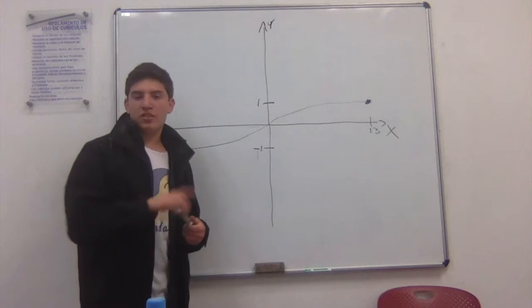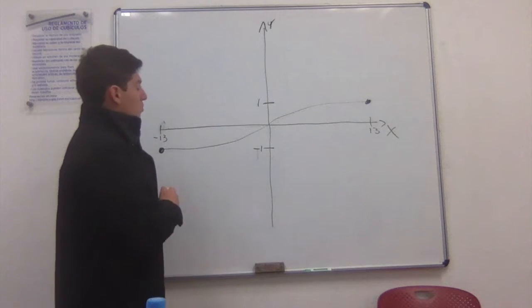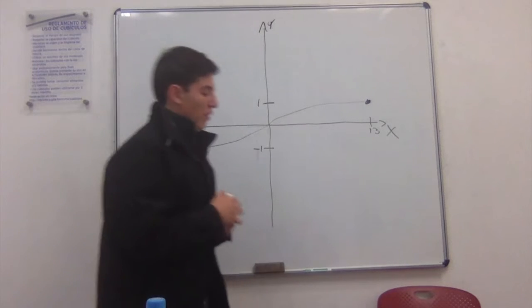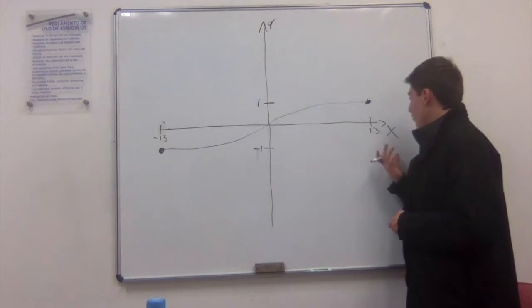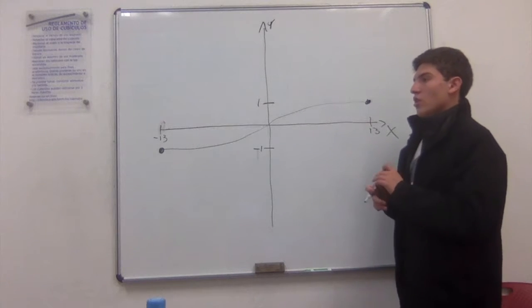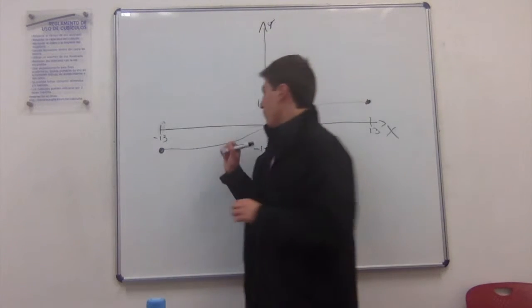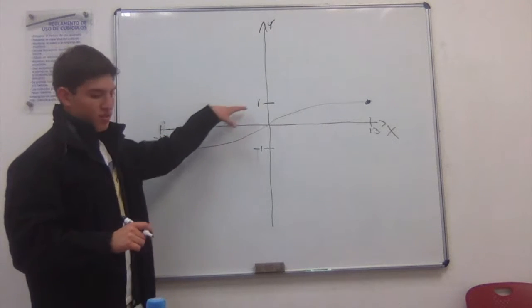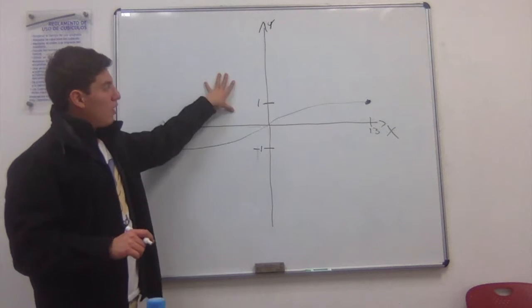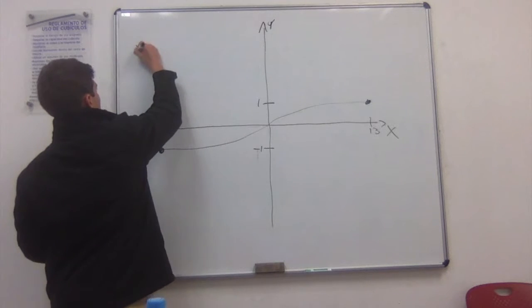In this case, we can see the maximum point in the graph is 30. So the maximum point is at x equal to 30.